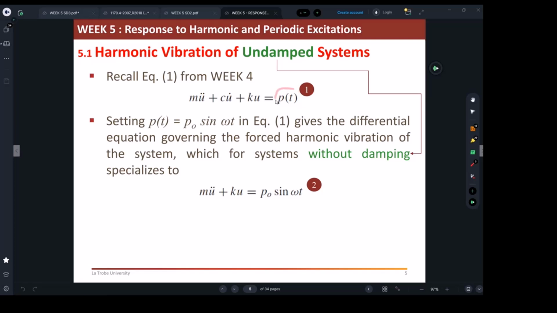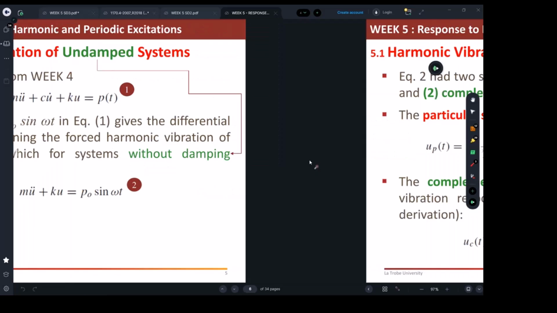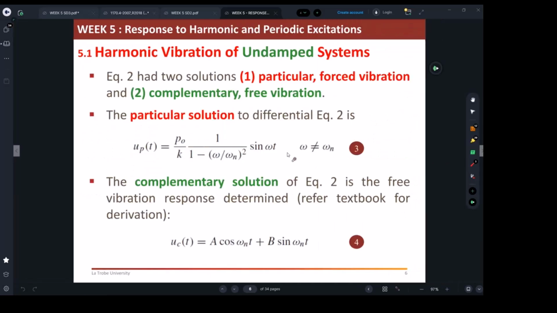Yes, today we do have P(t) exist, and we're going to take it as P0 sine omega t. Also we agreed that there is no damping. Damping is 0, it's undamped. So in this case, equation 1 can be simplified as equation 2. That's what we're just going through, the steps to show you how the solution will look.